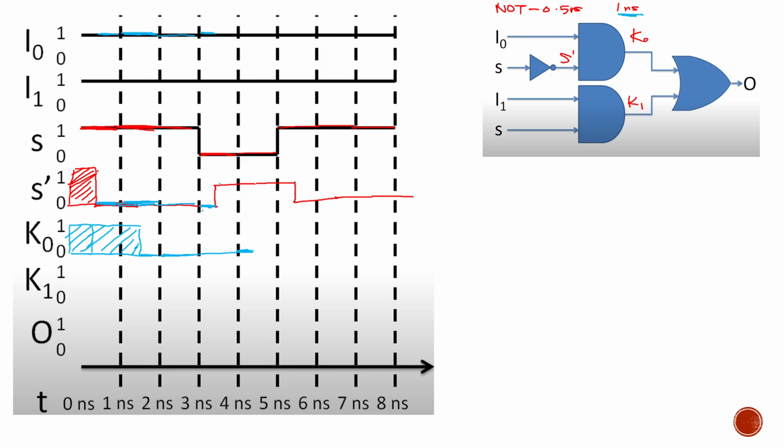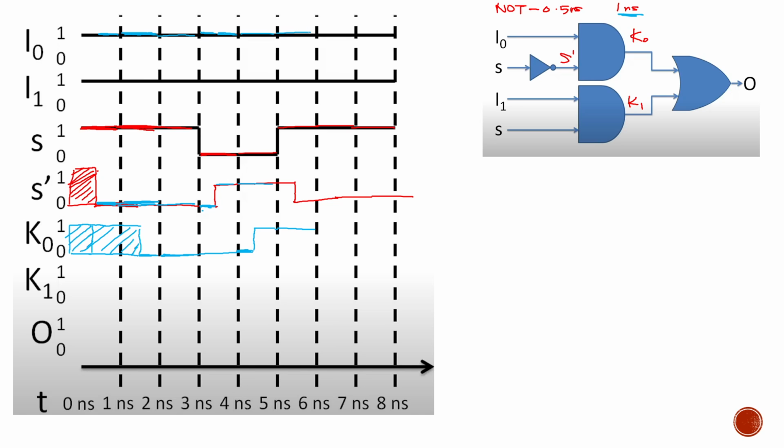And what about the other half? High and high, so we are going to be high. The signal is going to give you a high output for half a nanosecond. Then this one's high and this one's high, so it's going to stay high over here.